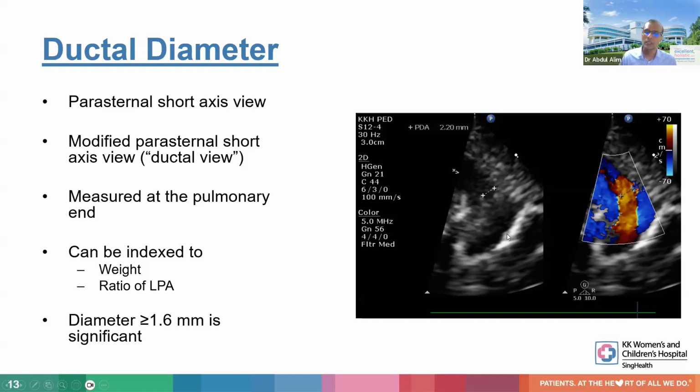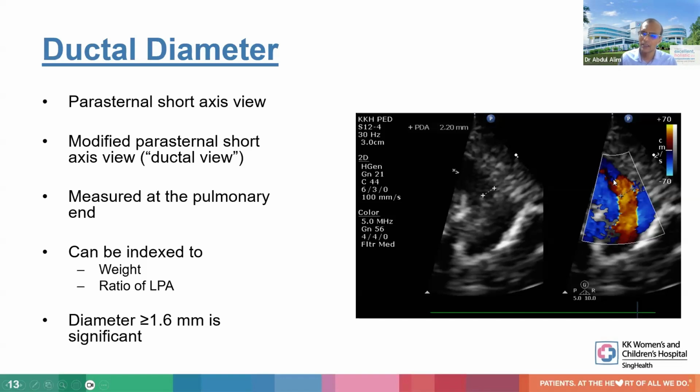Sometimes you can put on color compare mode, simultaneously on the same frame, and measure the color. The good advantage of color is that it gives a nice outline to measure. But the important thing to note when measuring is that when you have a lot of aliasing, high-velocity flow, or if the settings are not optimized, there will be what we call bleeding.